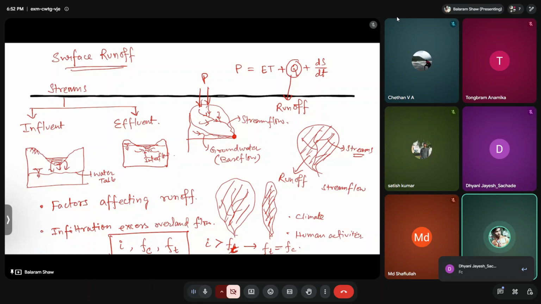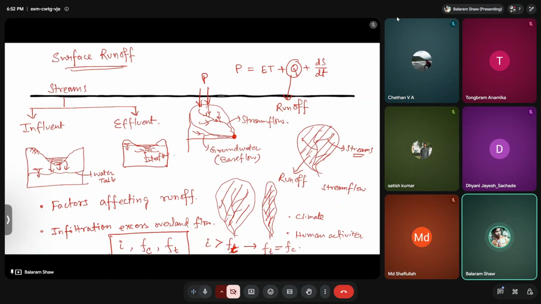Similarly, if the rainfall intensity is less than the infiltration rate, then the infiltration rate will be equal to the rainfall intensity, right? So because of this, let's say depression storage has also filled. Then whatever excess flow is happening on the surface, we call that infiltration excess overland flow, or Hortonian overland flow, or unsaturated overland flow.